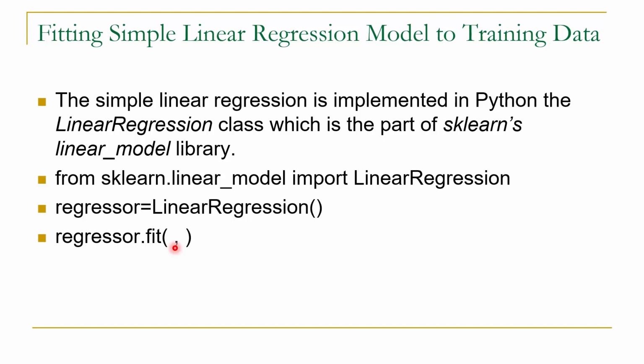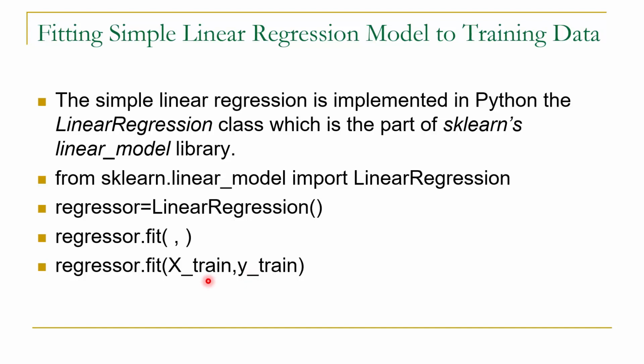So on the basis of xtrain and ytrain, we have to build our model. So we have to pass these two parameters, that is xtrain and ytrain, to fit method. So the syntax will be regressor.fit(xtrain, ytrain). Thus on the basis of training data, the system learn the dependence between x and y.